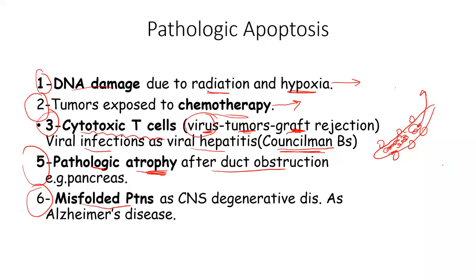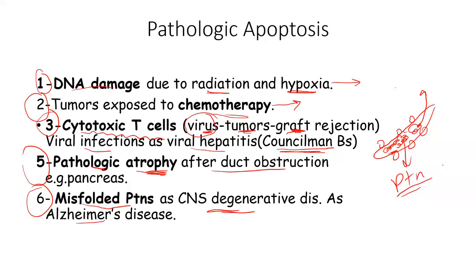Fine. And so the start of proper folding of the proteins present inside the endoplasmic reticulum is important for the completion of the sequence of protein synthesis. If I have misfolded proteins, as in cases of degenerative diseases of the CNS, for example Alzheimer's disease, what happens?